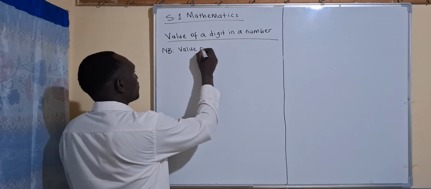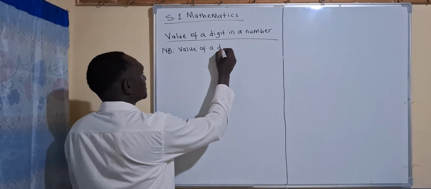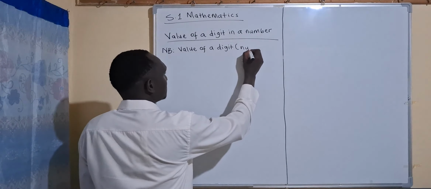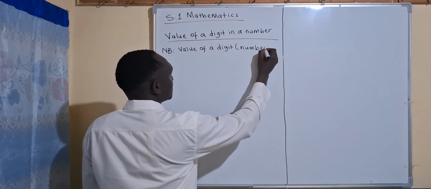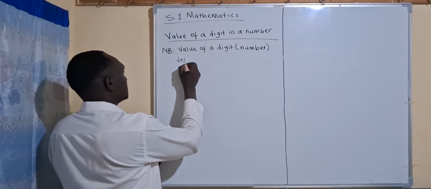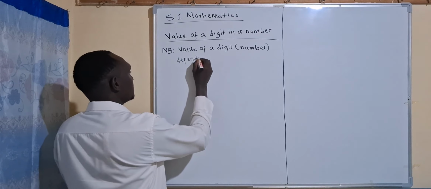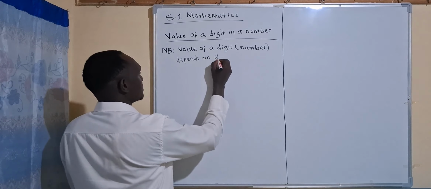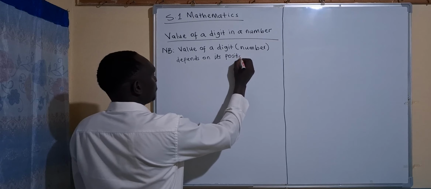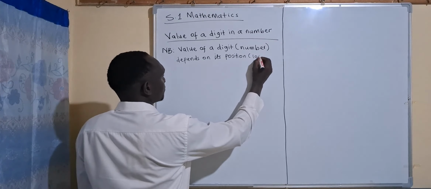the value of a digit or number, we can use them interchangeably, depends on its position. Position is simply location.